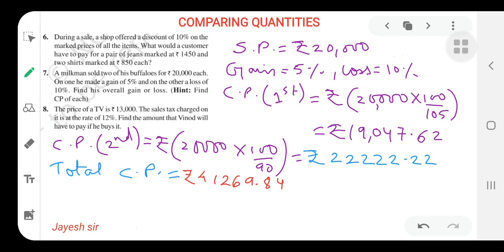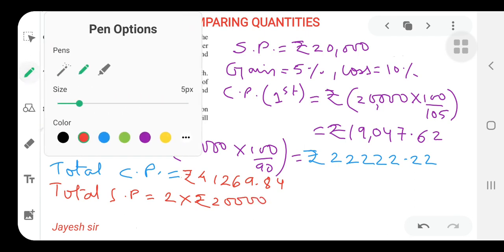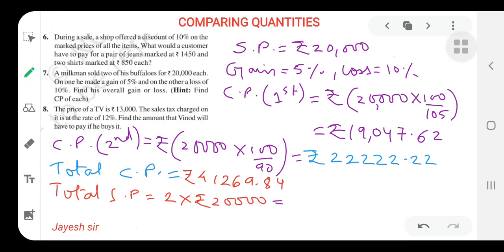Now what is the total selling price? Total selling price is equal to 2 into rupees 20,000, because I have sold both the buffaloes at 20,000 only. So the total selling price is rupees 40,000. Now I would like to find the loss. You can see that the value of cost price is greater than selling price. Here CP is greater than SP. That means on the whole transaction I am getting a loss. And how much is the loss I am incurring?